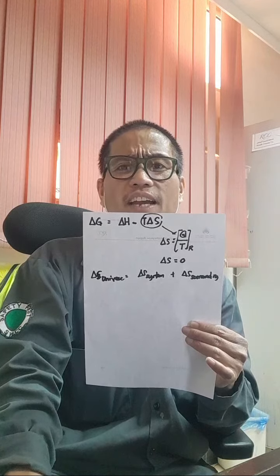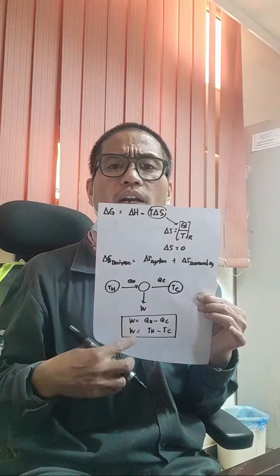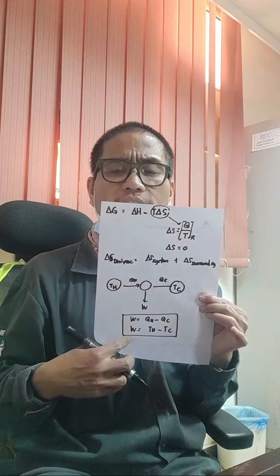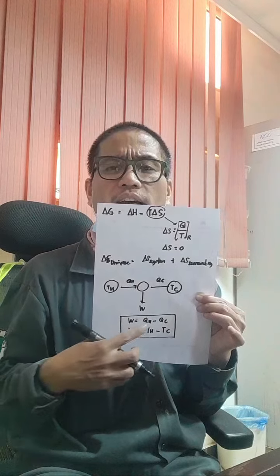Since the change in internal energy is equal to 0, then Q is equal to W. So we can also denote this as Q, but Q is equal to work. It would be fine to use another symbol or letter like that. Very easy, right?